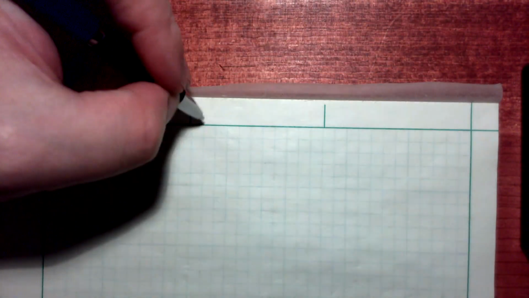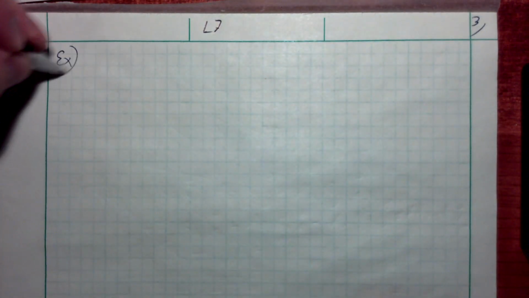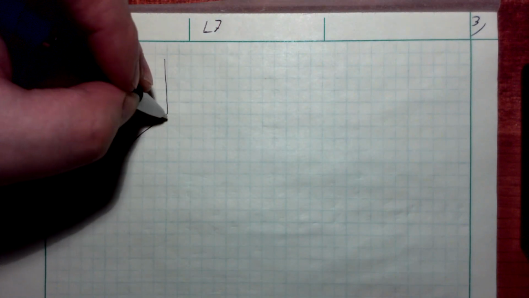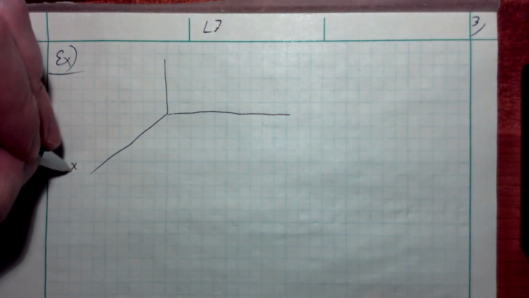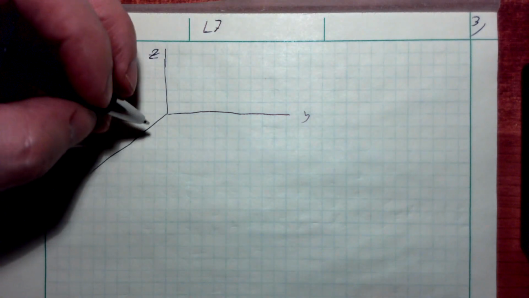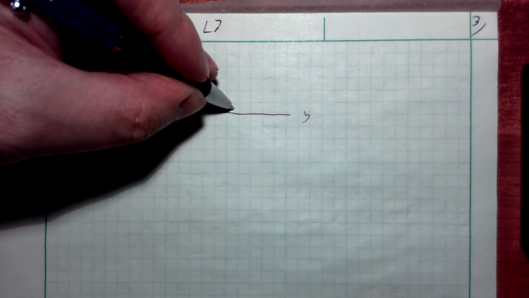All right, this is L7, page 3, and we're going to do an example. So I'll draw this with you so you've got it in your notes. You've got X, Y, and Z. And we've got this bar of some kind, essentially in the XY plane.